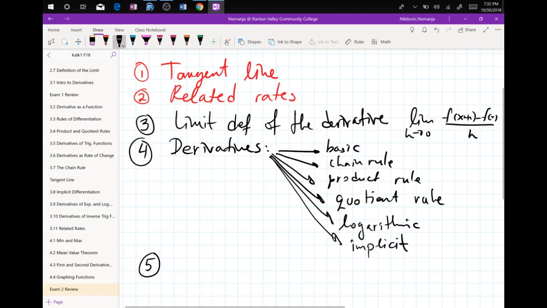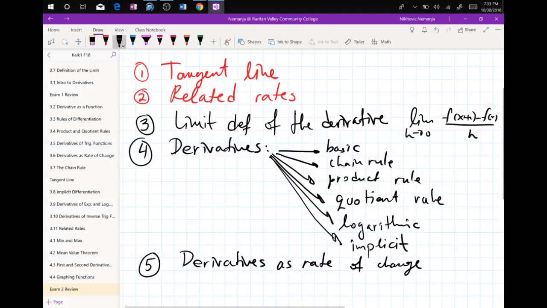Oh, derivatives as rate of change. No, that time derivatives are related rates. Derivatives as rate of change was, you have a position function, you take the derivative, you get the velocity, you take the derivative, you get the acceleration function, you set velocity function equal to 0 to find the time at which the maximum happens.